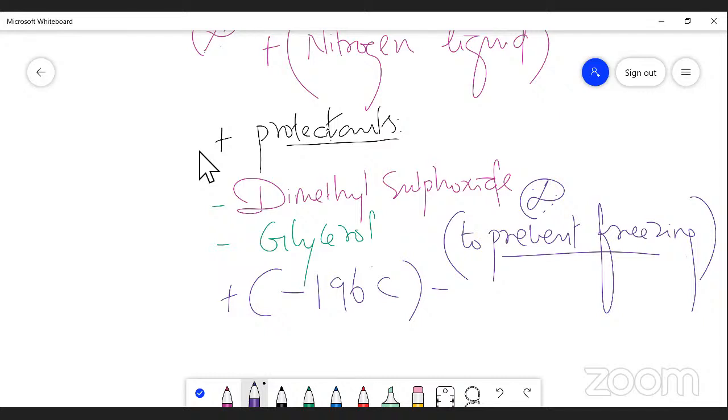So why are they used? They are used for retaining viability and vigor in the protoplast, cells, tissue, or cell organelle. So this is an area to be expected in our examination.